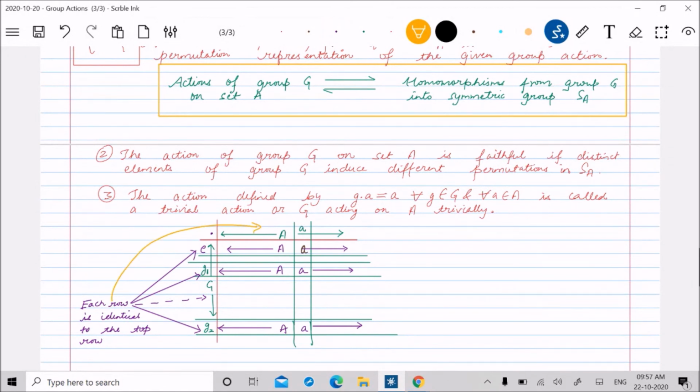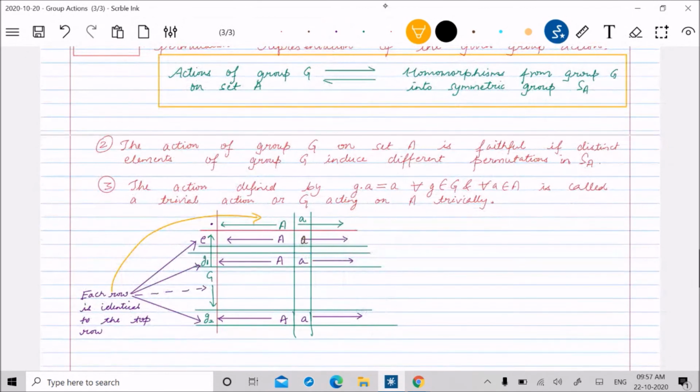Each of these rows is the same as the first row. This is called the trivial action. This picture represents a trivial action of group G on set capital A, right? Is it clear to all of you?